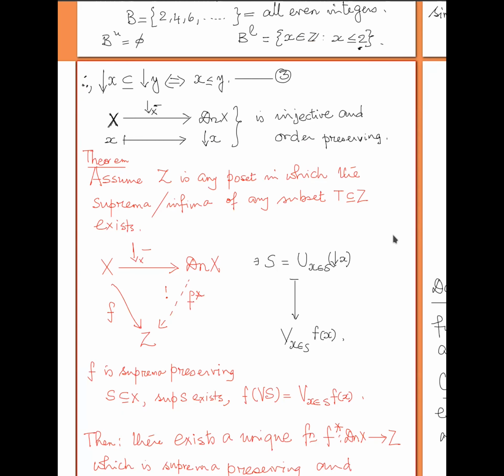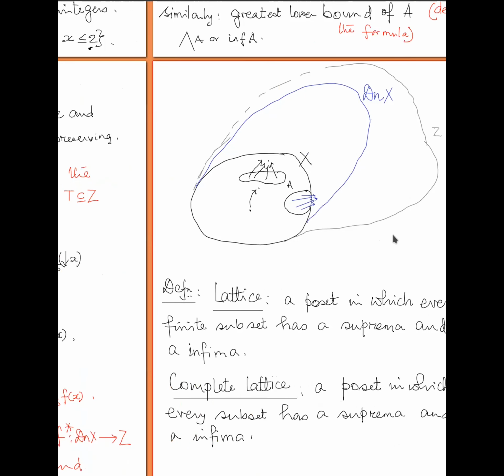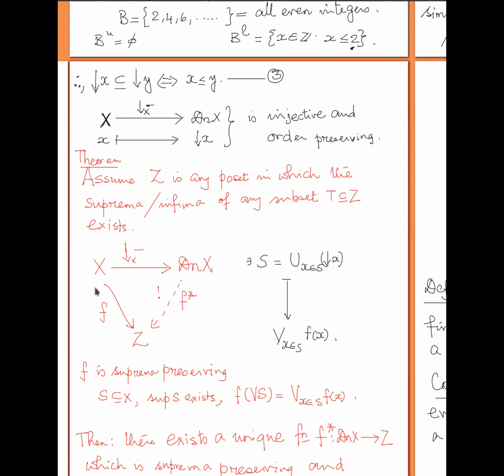That means this is the best way in which we can include the poset X inside this lattice. There are several gaps. I hope you should be able to figure them out.